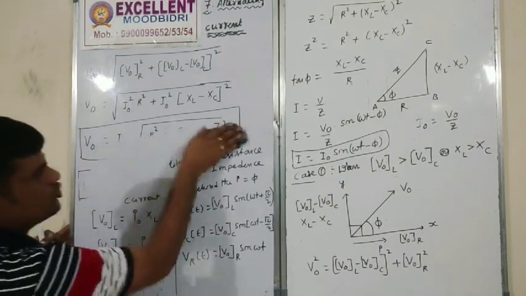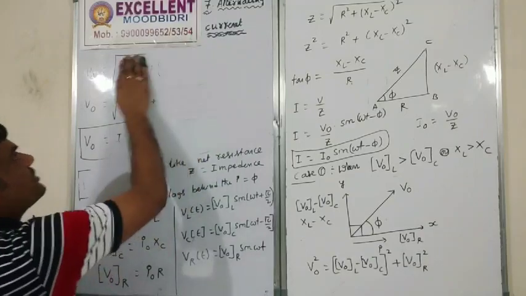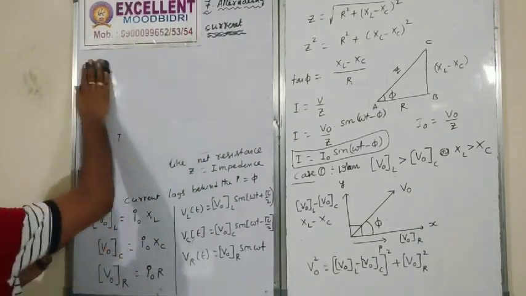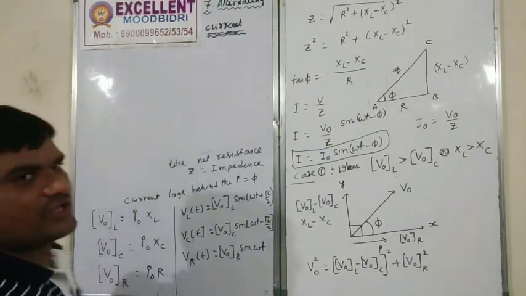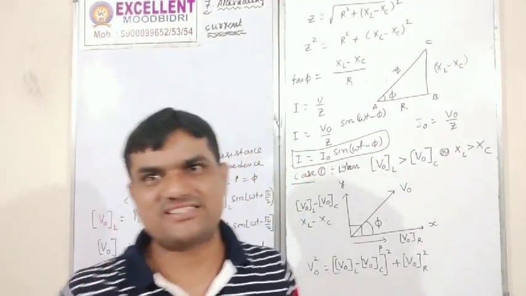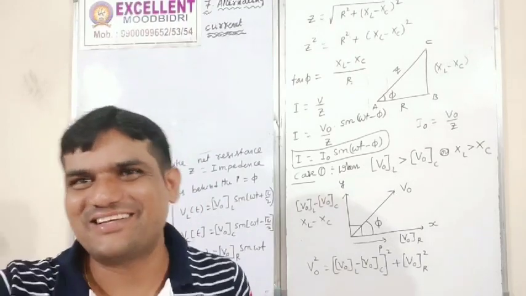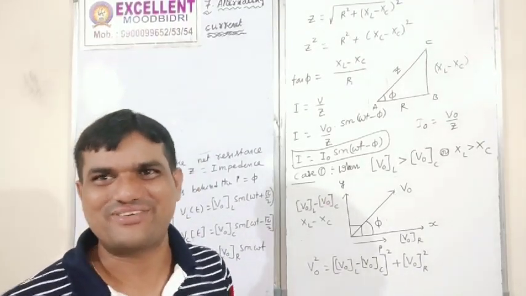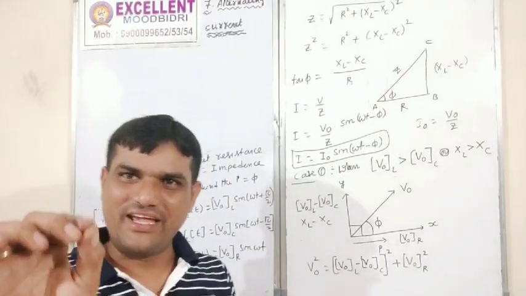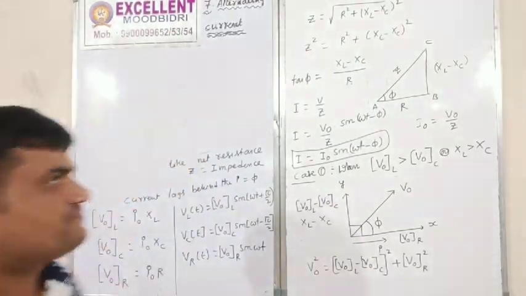Now case 2. Before case 2, I want the power factor. In examination, you can write any one case, case 1 or case 2. Don't write case 3, because case 3 is a different concept. That is the resonance concept only. Either case 1 or case 2 in examination.